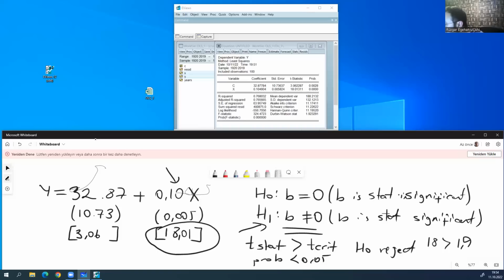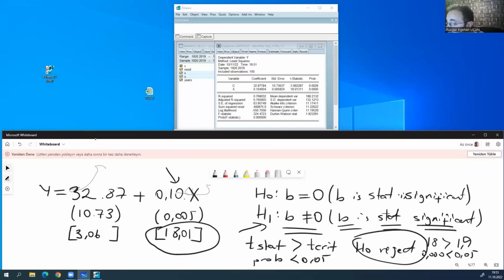So 18 is bigger than 1.9, or let's look at our probability values. The probability value is 0.000 for X, so it is smaller than 0.05. So we reject H0. What does it mean? Our coefficient of X is statistically significant.